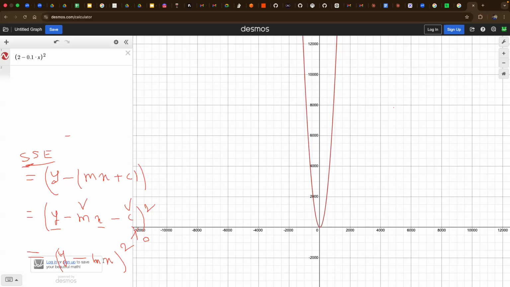And here you can see, for a given value of m, let me write this here so that it is explicitly mentioned. Here, this y-axis is representing sum of squared errors. Why? Because on the left hand side it is SSE.